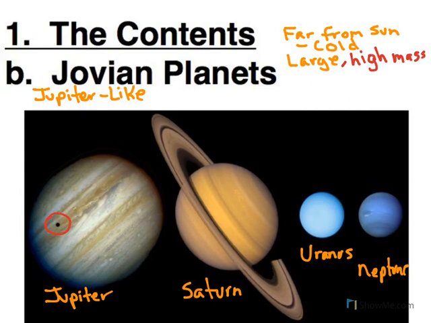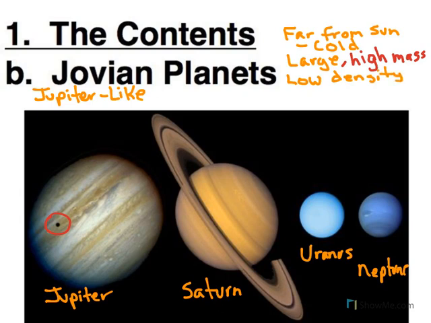And one of the things we'll see is that large amount of gravity is going to give each of these planets a pretty good collection of moons because of things that they have captured that got too close. And then the other thing is their densities. All four of these have a low density.